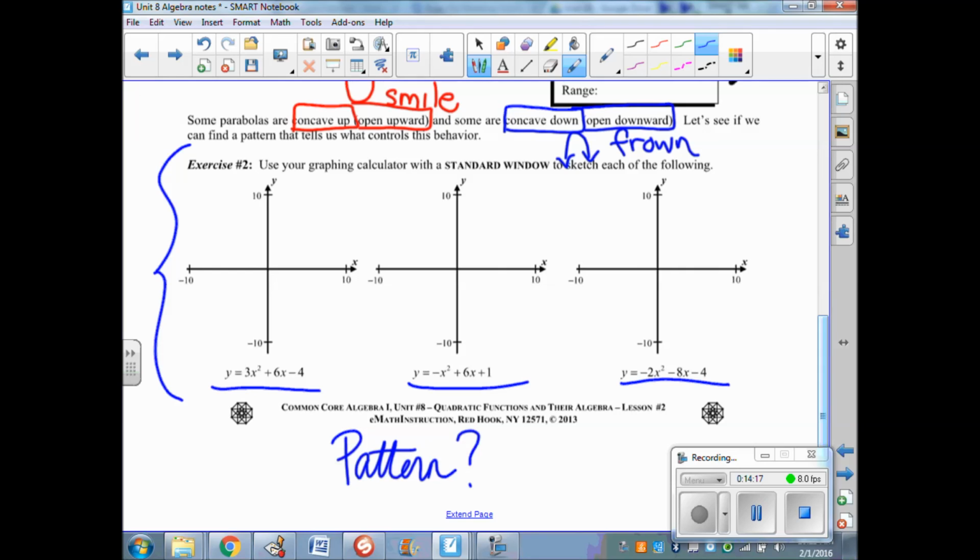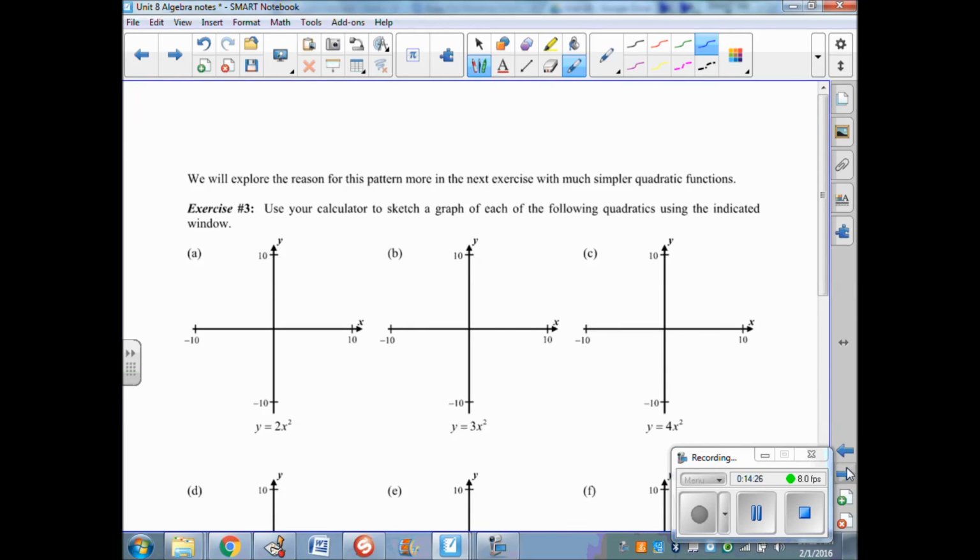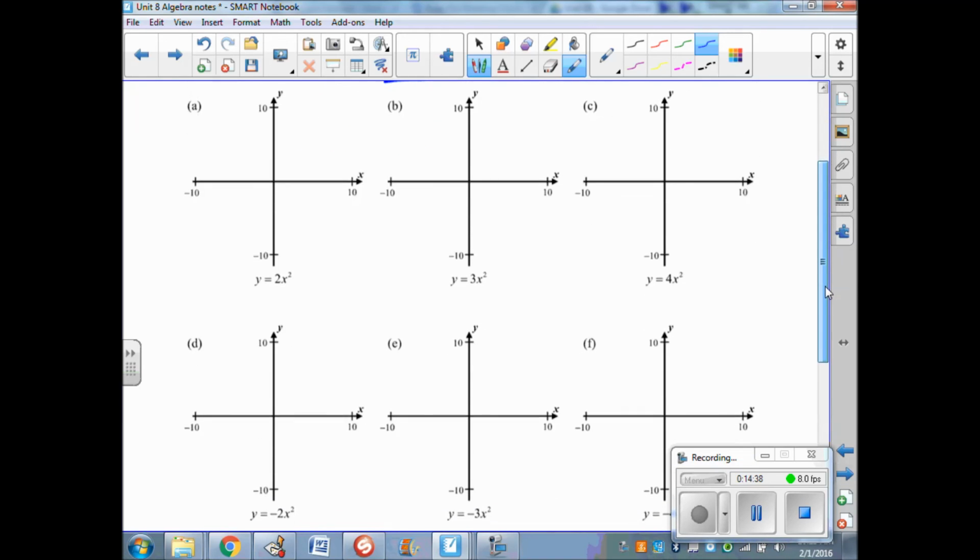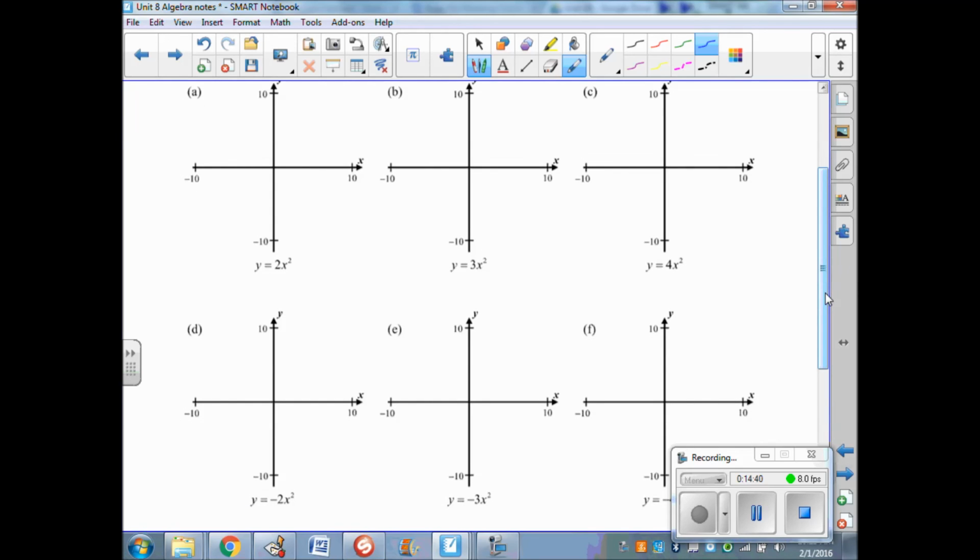Patterns about the equations or patterns about the graphs, or both. Okay, go ahead and flip that. So make sure in exercise C, again, you're using your calculator and you're getting a sketch of these graphs.